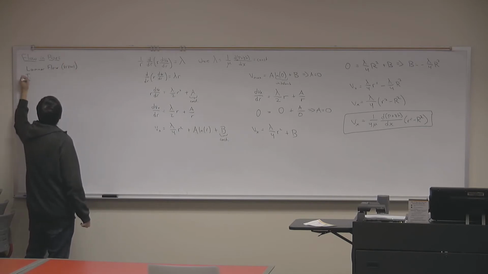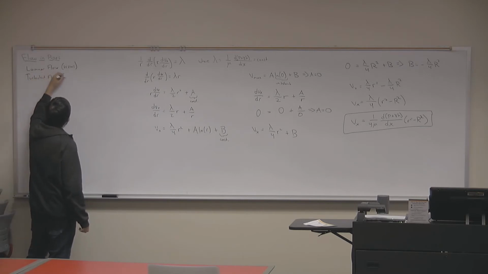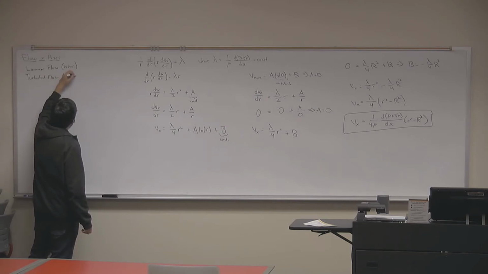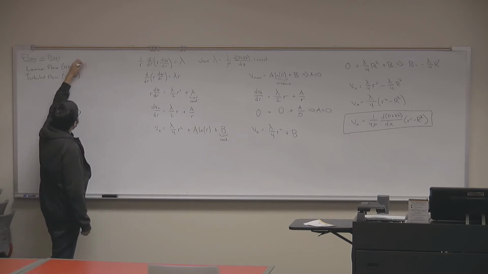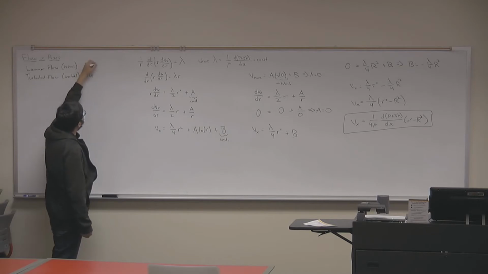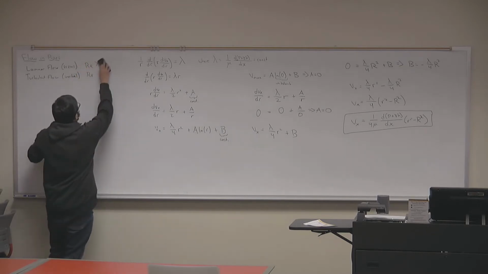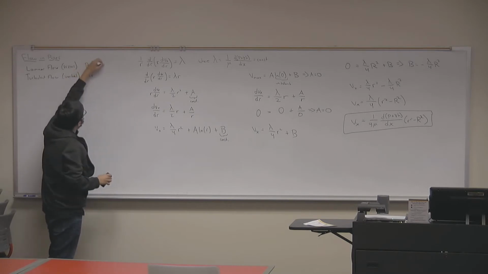But now we're going to look at turbulent flow, where the inertial forces dominate. We mentioned in our last class that we can find laminar and turbulent flows by using a dimensionless parameter called the Reynolds number.